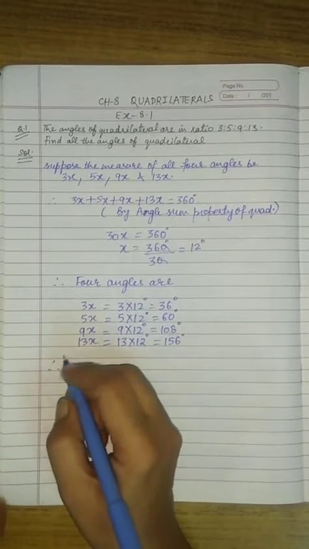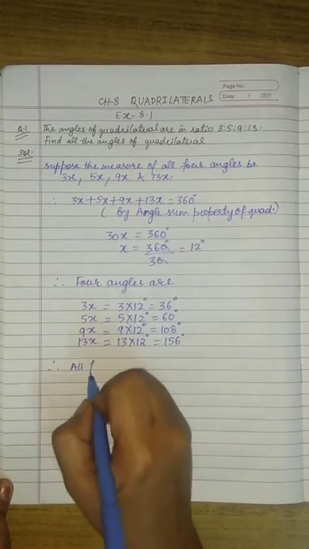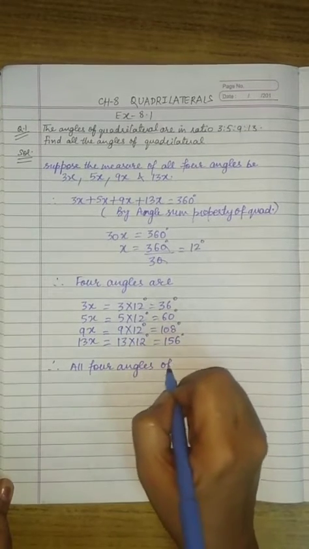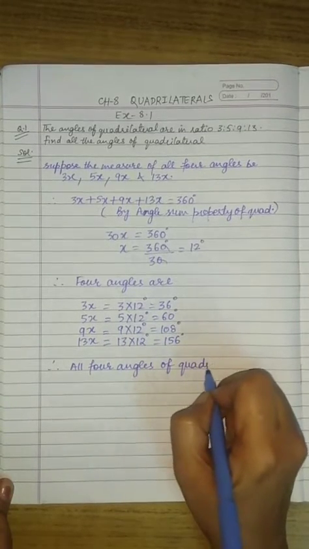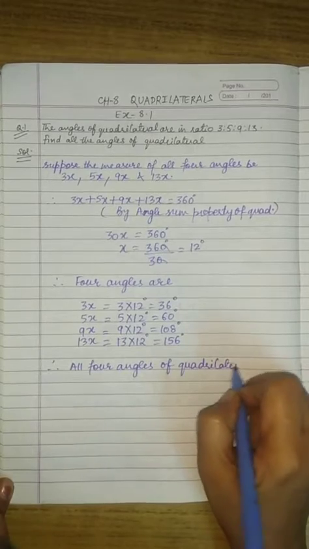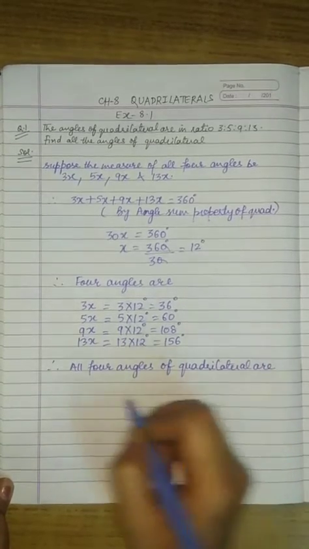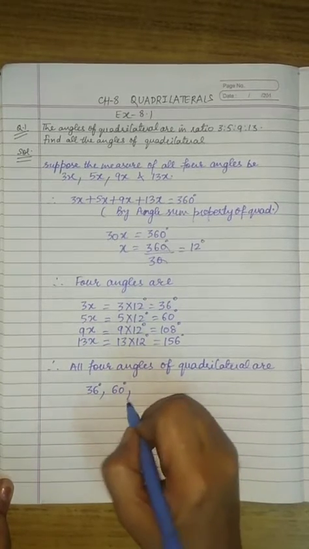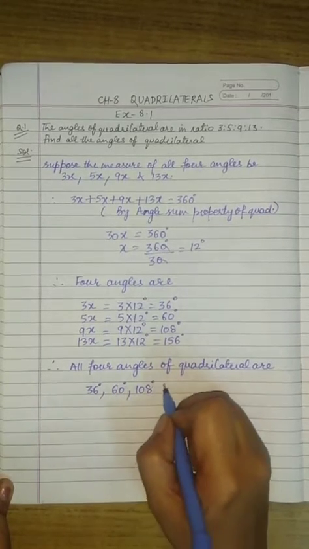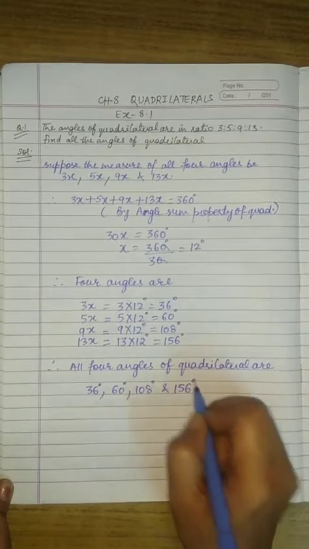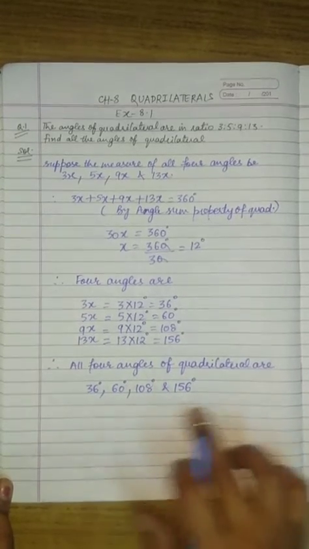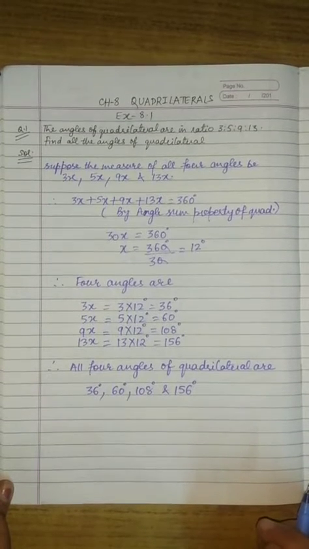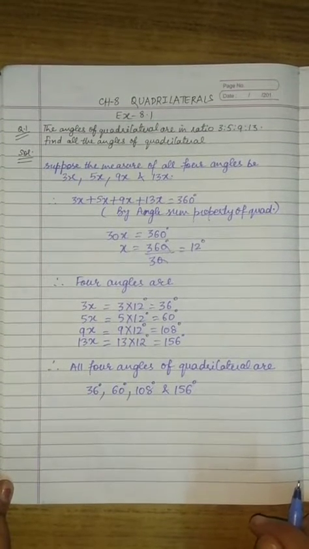Therefore, all four angles of the quadrilateral are 36 degree, 60 degree, 108 degree and 156 degree. The sum of all these four angles will be equal to 360 degree by angle sum property of quadrilaterals.